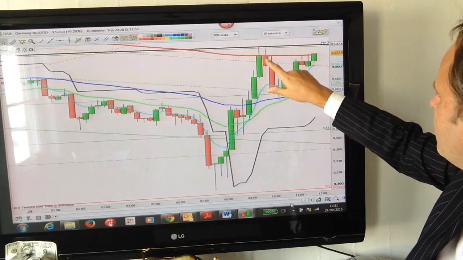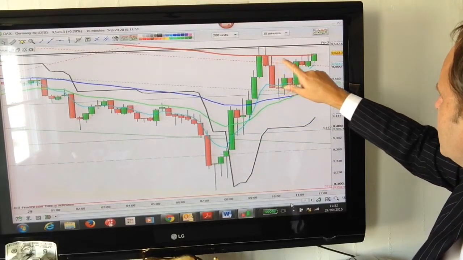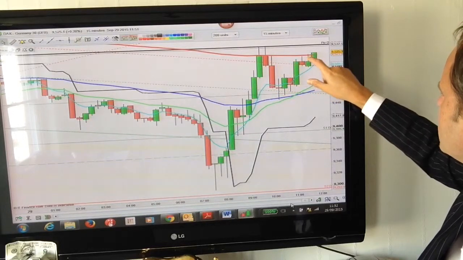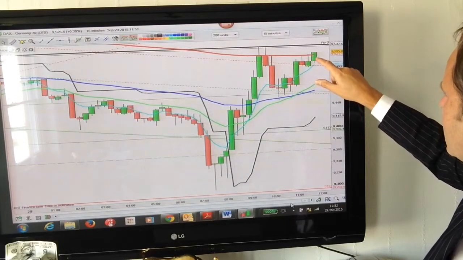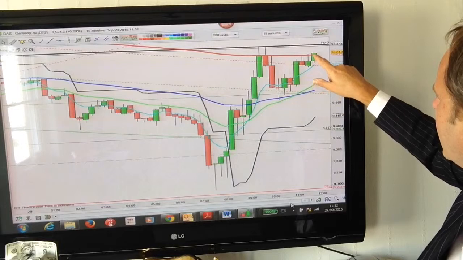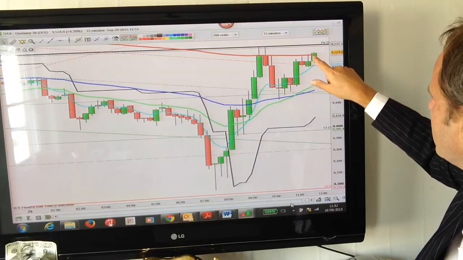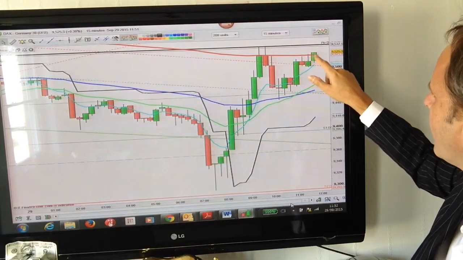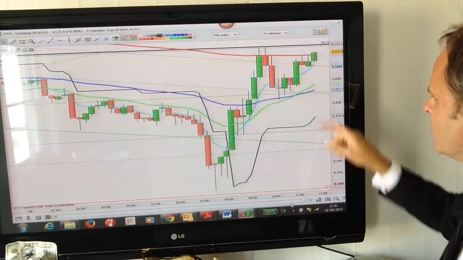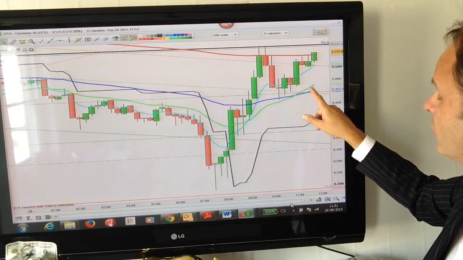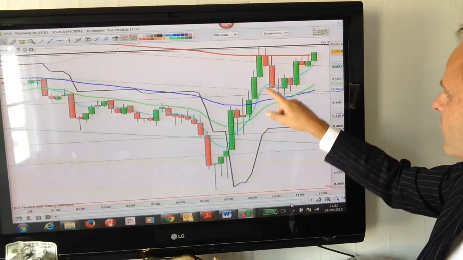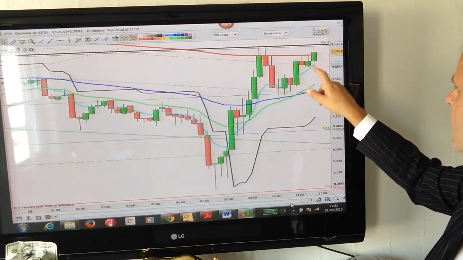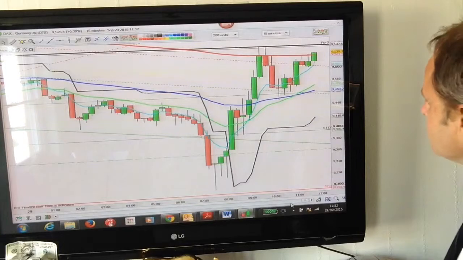They did hit the pivot point, but what I'm interested in is where they've been using this line here as resistance. So this green bar here is looking to try and push through the red line there. Now my red line there is the 200-day moving average, the blue is the 50-day, green is the 20-day, and you've got the 6-day moving average here as well.